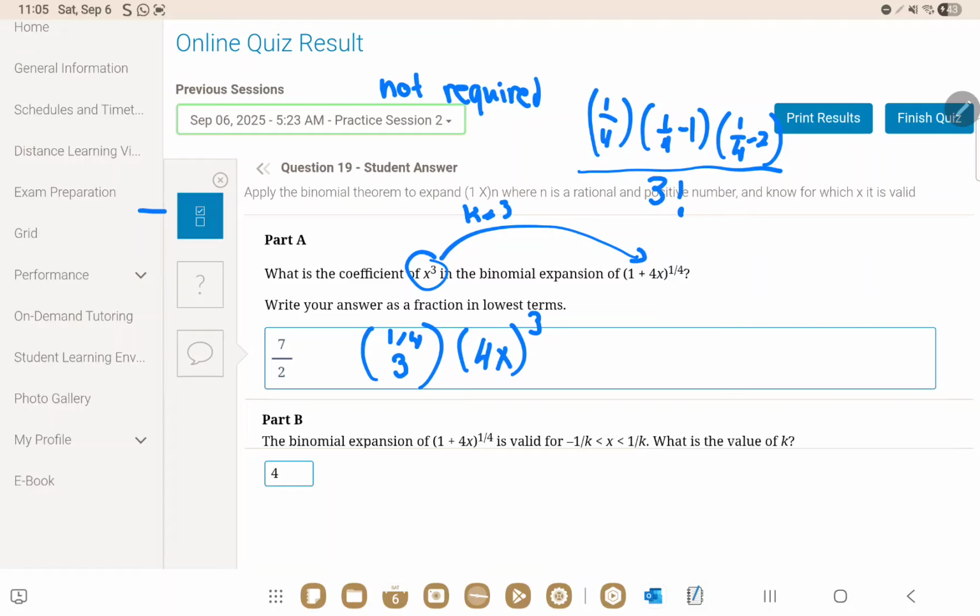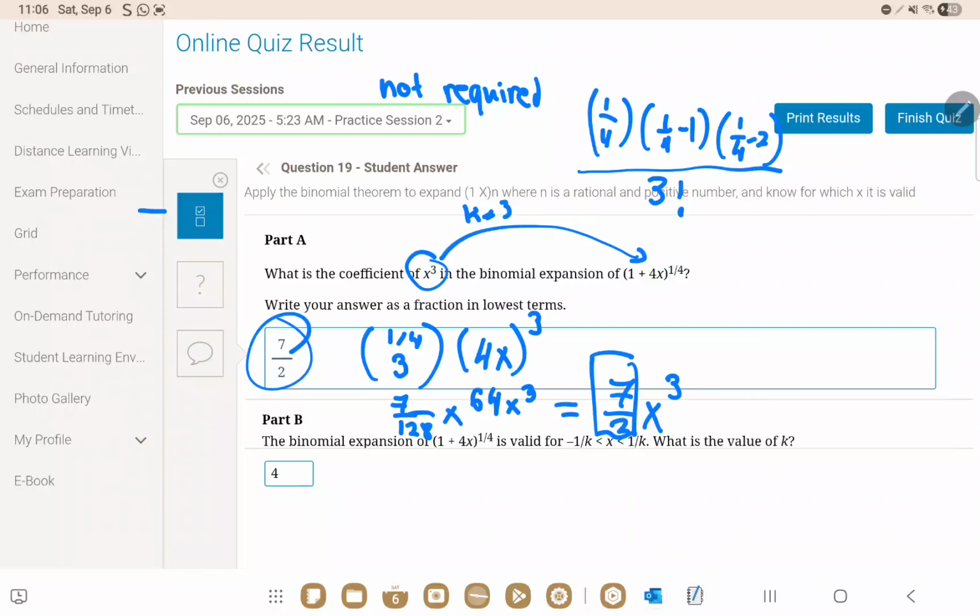I feel like it's a wrong number, but sure, we'll go with that. So 7 over 128 times 4 to the power of 3. Yeah, no, it's not wrong. It's 64x cubed. So times 64 will give us 7 over 2 x cubed. So our coefficient is 7 over 2.